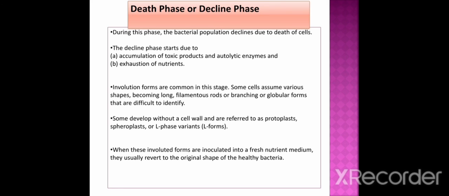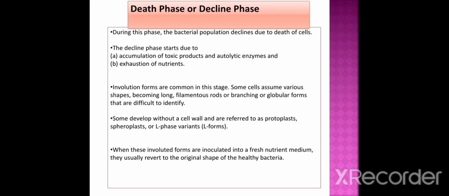So in brief, lag phase is the preparatory phase where the bacterial cells prepare amino acids and enzymes for their further cell division and growth. Log phase is where the growth rate is high and the cells are growing exponentially.